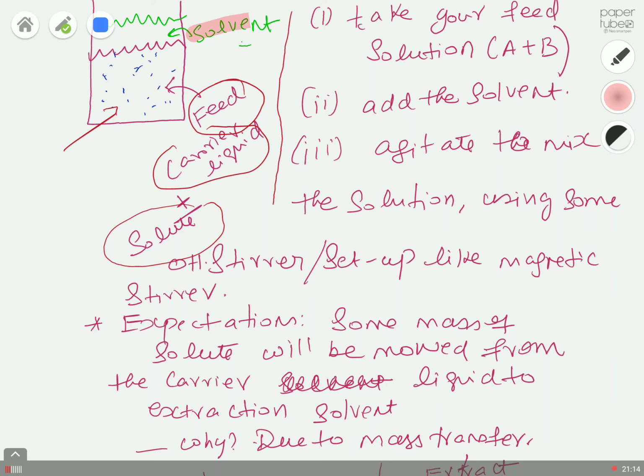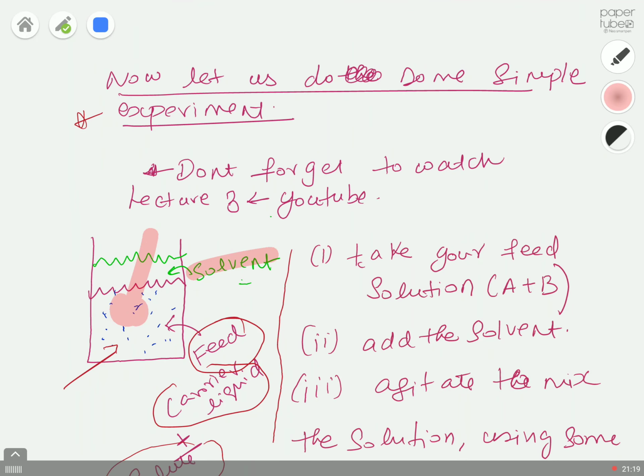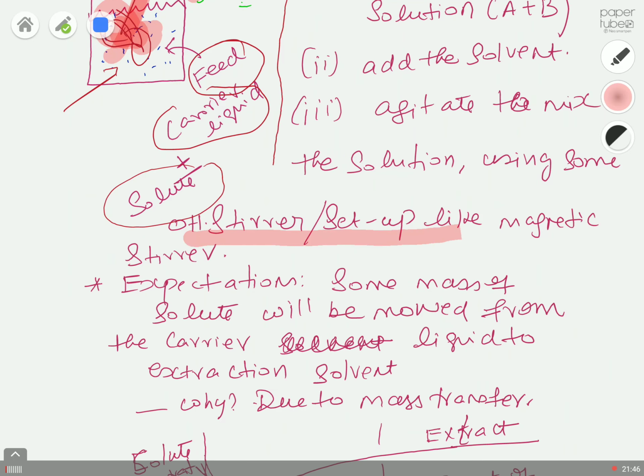And then you add your solvent on the top, and then you mix the solution, that's your agitator. Normally we can use an overhead stirrer, or you can use a simple setup like a magnetic stirrer.